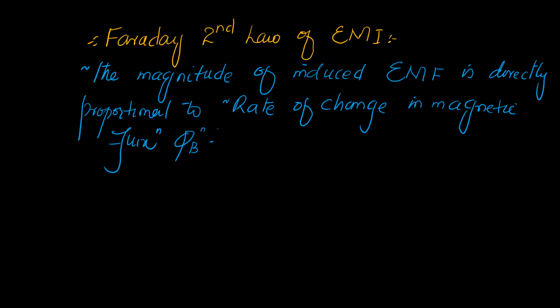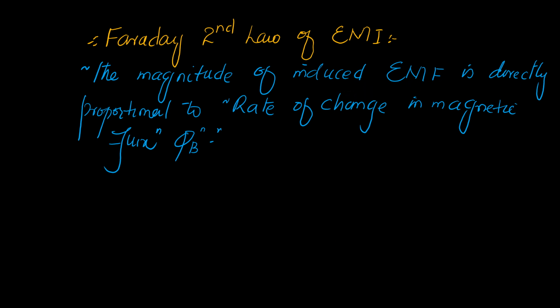This means that whenever there is a change in flux, there will be a production of an induced EMF. And the greater the change in magnetic flux, the greater will be the magnitude of induced EMF.